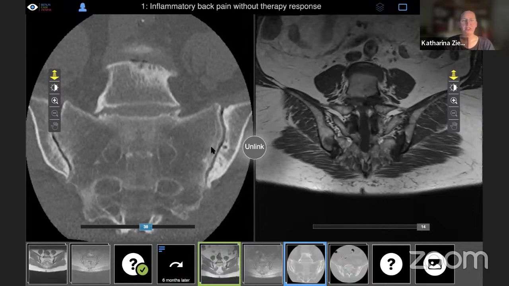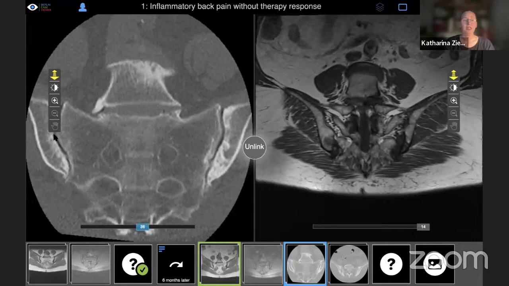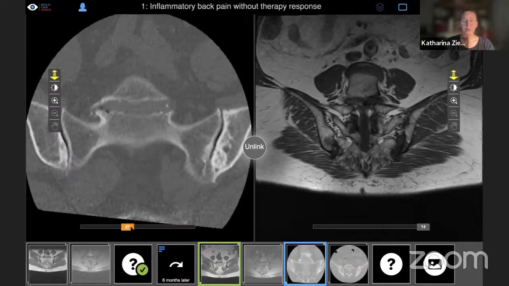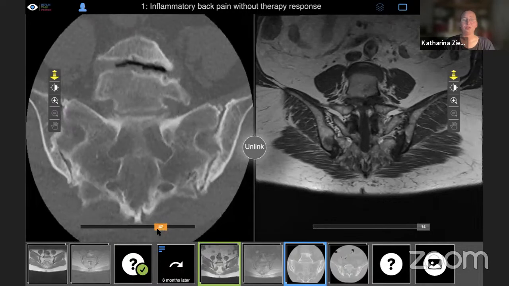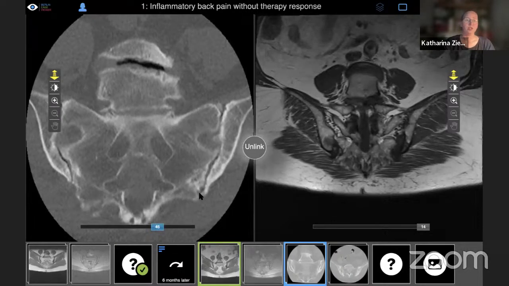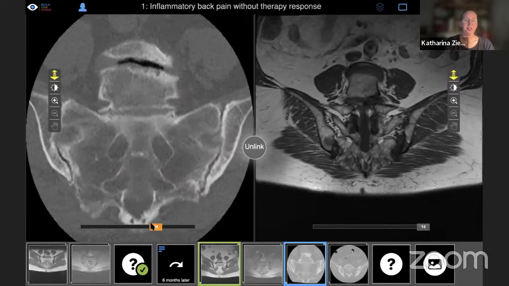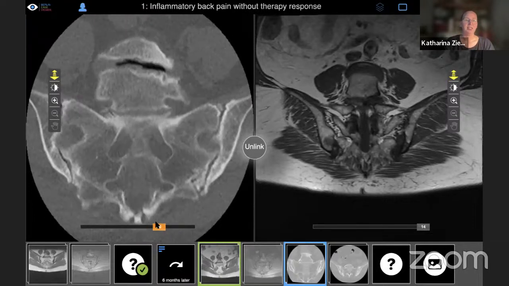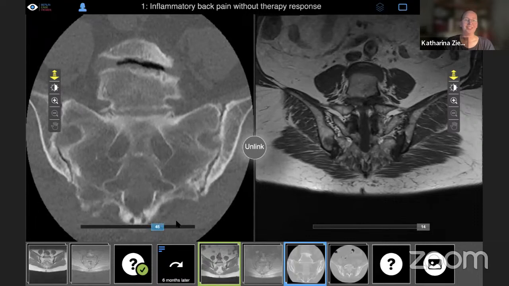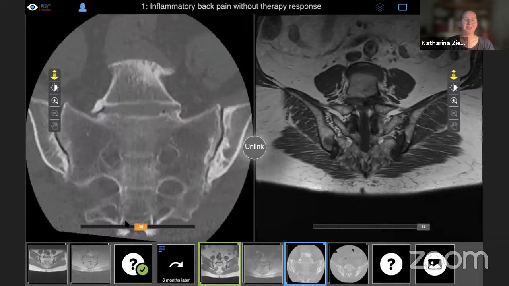Those aren't very common in the sacroiliac joints, but they are clearly degenerative in nature. There's vacuum phenomenon, which we would also call a degenerative lesion, and a lot of sclerosis. There's osteophytes back here. It's actually a typical location for a female. This is a female patient, and this is right where we would expect osteophytes to appear in a female.